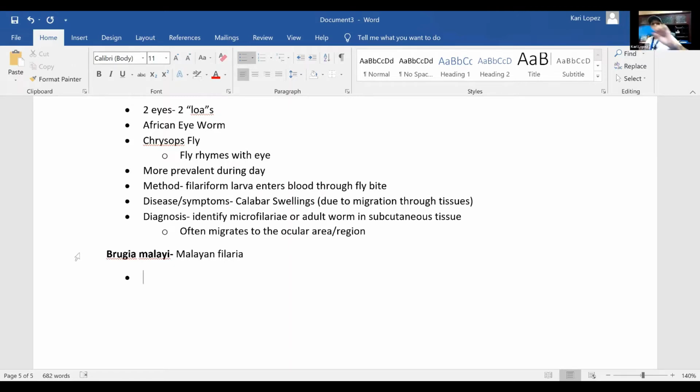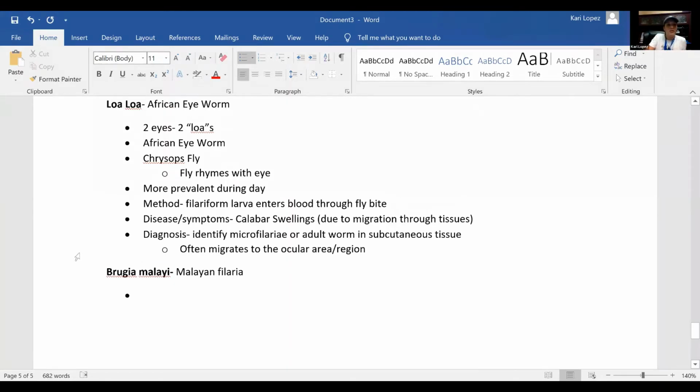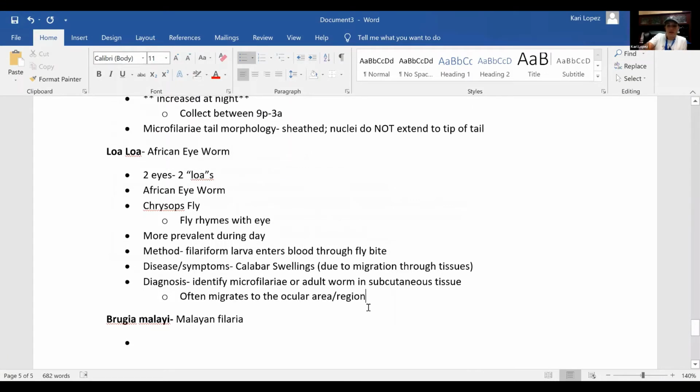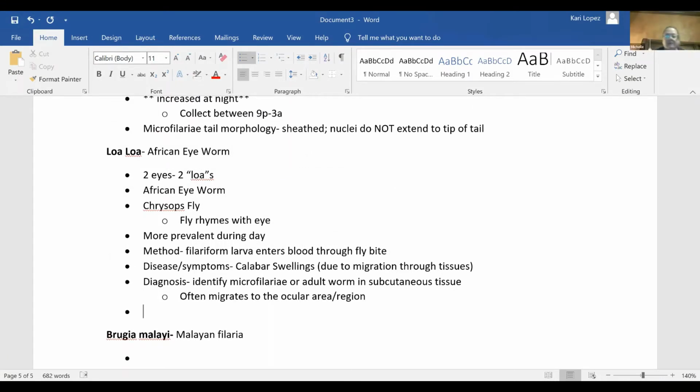Oh, and I'm so sorry, I forgot my tail morphology for Loa Loa. Morphology is going to be sheath, and the nuclei.